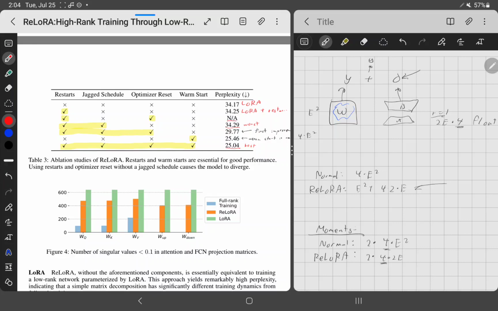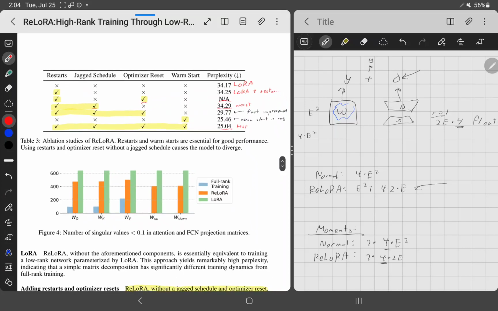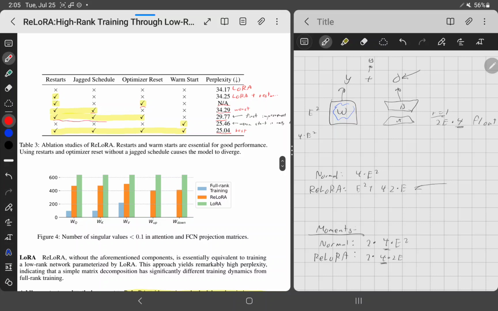Now, if you have the optimizer reset, where you reset the optimizer values to 0, or most of them, then it doesn't even finish training, I guess. That's why they have NA. And if you add the jagged scheduler, then it does pretty bad still. But it starts to get good once you have all three of these.